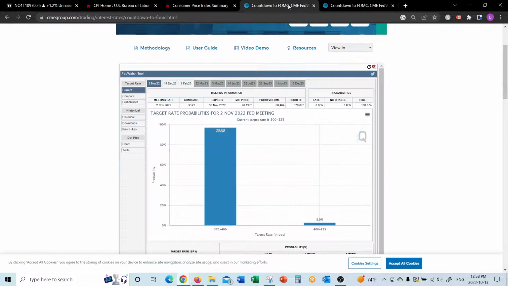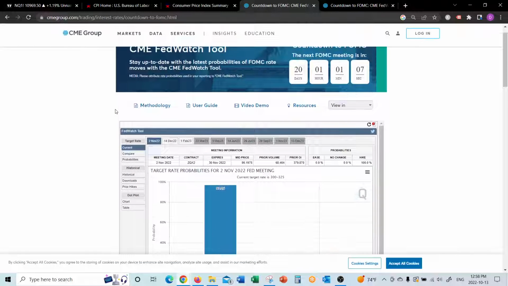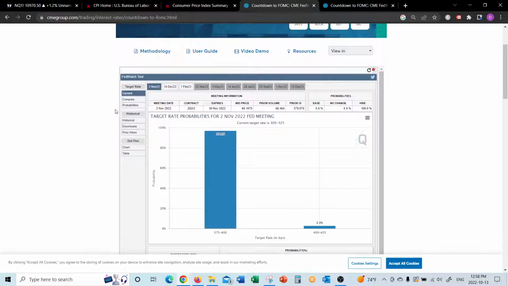Now, let's talk about interest rates just for a second here as well. So if we look here, the interest rate probability for November for the US is 100% priced in that they're going to get a 75 basis point rate hike, which is going to take the U.S. interest rates to around 3.7 to 4%.